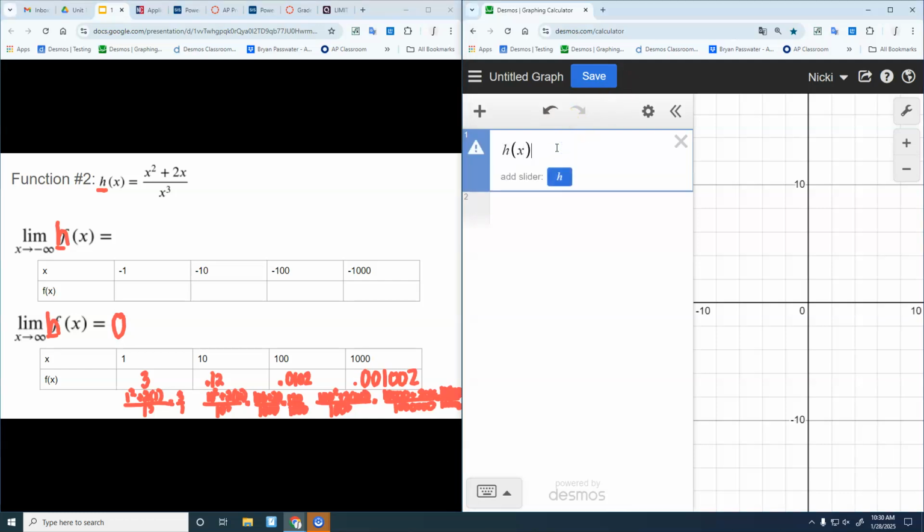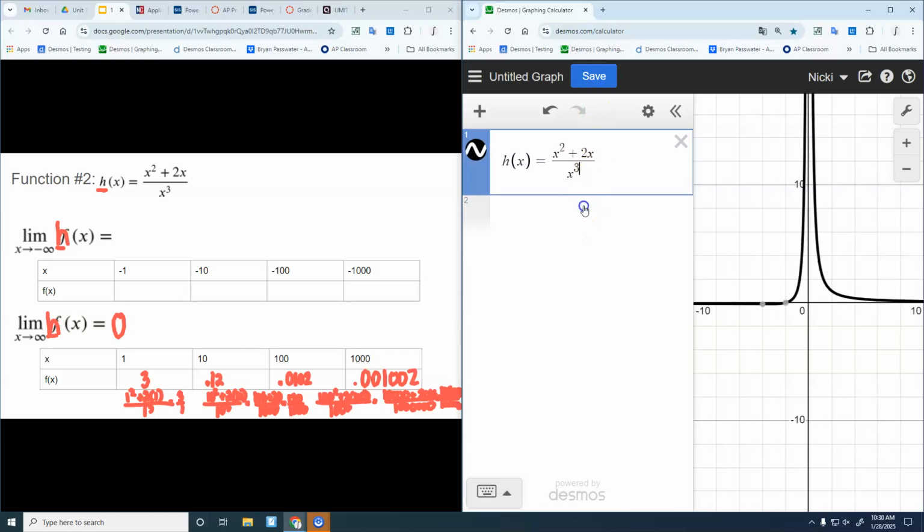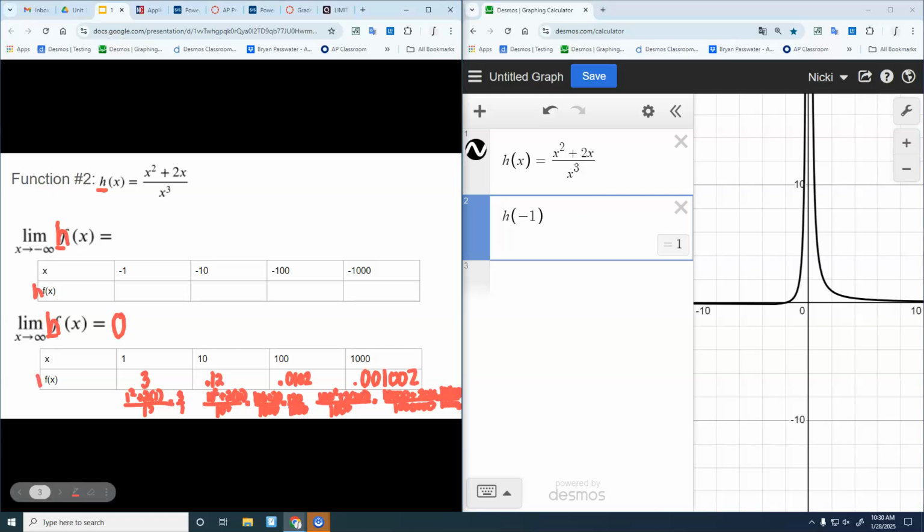So if I've got H of X equals X squared plus 2X over X to the third, if I do H of negative 1... Actually, I probably should just change that to F because my table also has F's here. That's really H right there. Well, next one we'll just change to F's. I copied and pasted that slide and changed this, but shouldn't have.